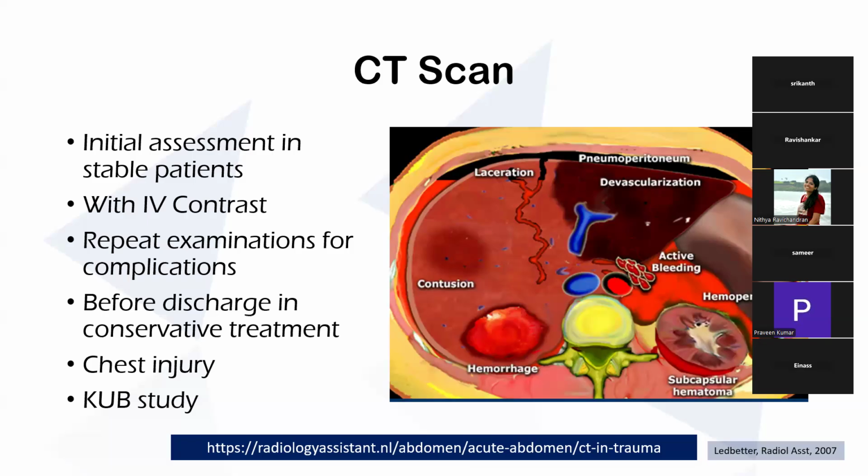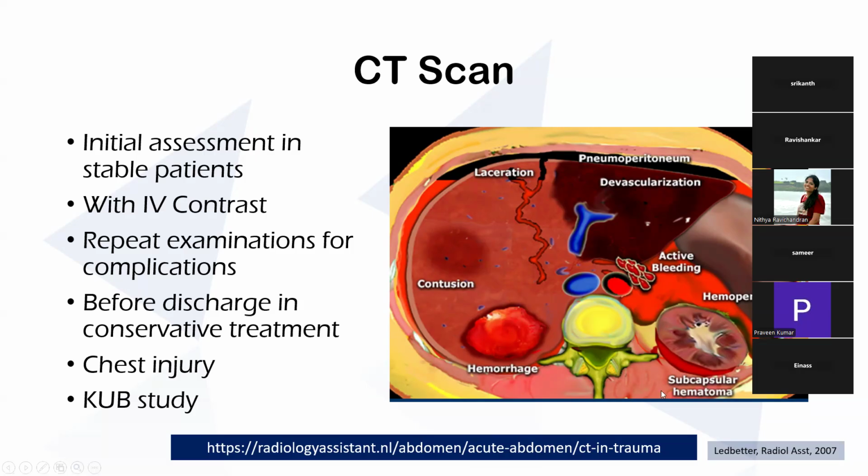It's called a blush. Perhaps you can even see a blood vessel going across some point, but you will have a blush or a hazy area, which is because of the extravasated contrast. Okay, it's called a blush. And so that shows that there is active bleeding.